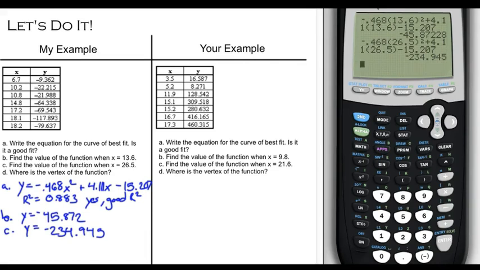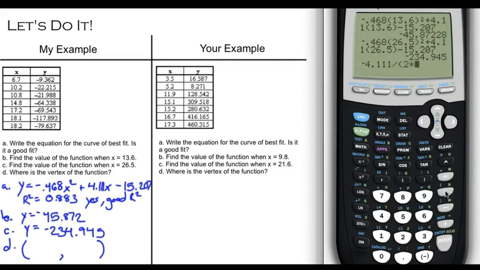Part D, finally, we want to know the vertex of this function. And in order to find the vertex of this function, we have to use negative b over 2a to find the x-coordinate, and yay calculator, so I'm going to use negative b, which is 4.111, and then divide that by 2 times a, which is negative 0.468.